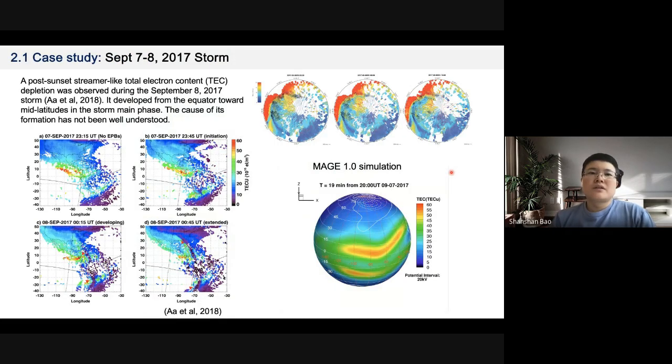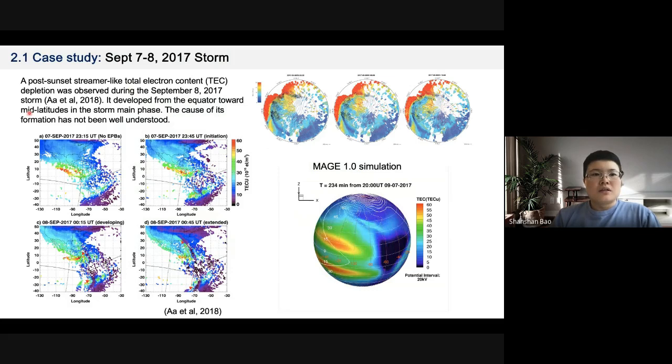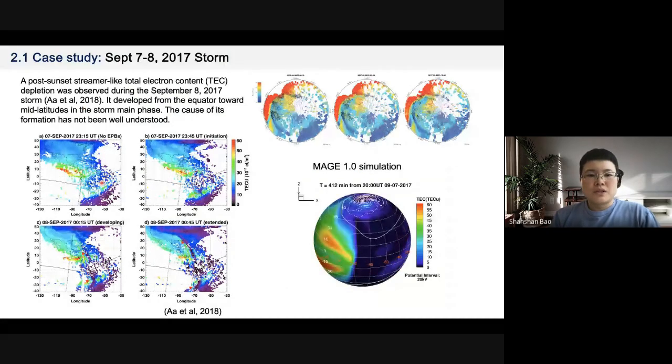Actually, there are observations of this phenomenon during the September 7 to 8, 2017 storm, reported by HAO in their 2018 paper. They observed what they call equatorial plasma bubble generation from the equator toward mid latitude.